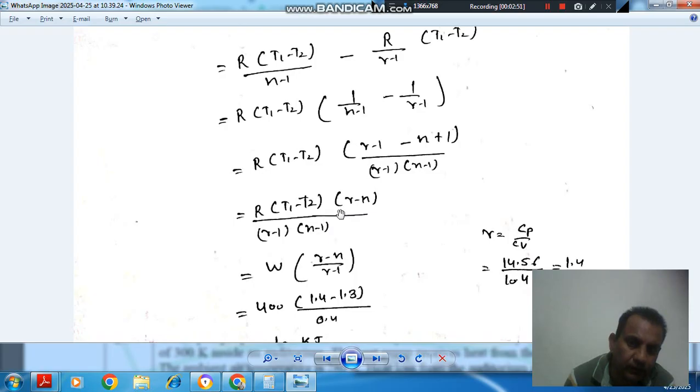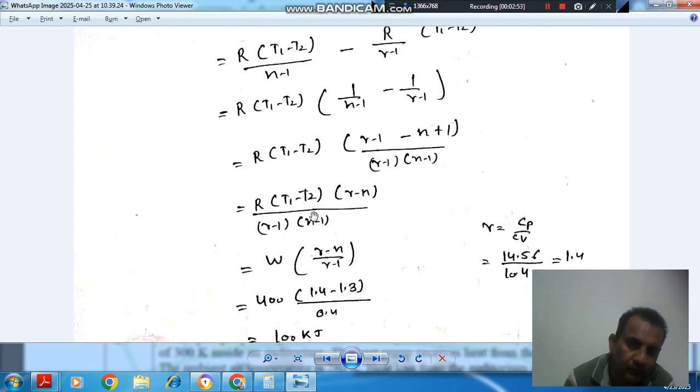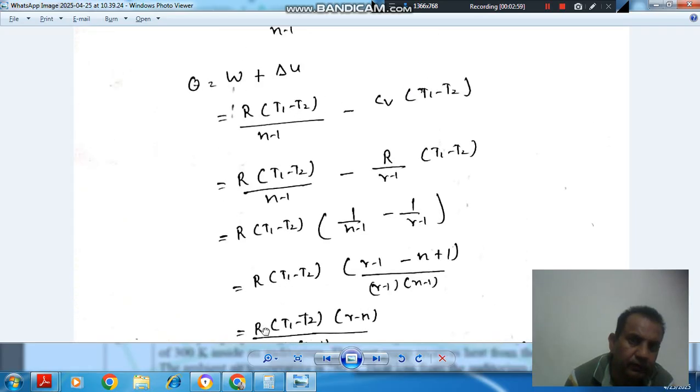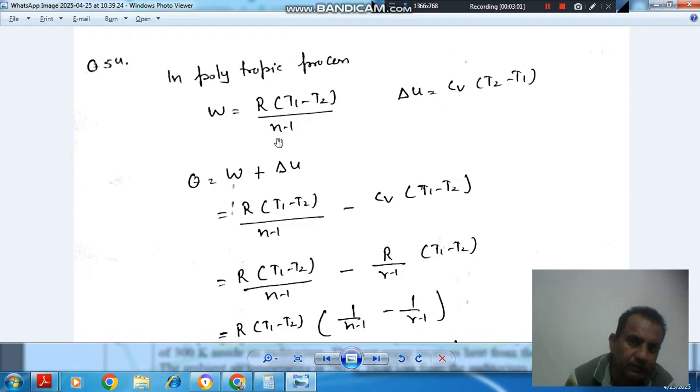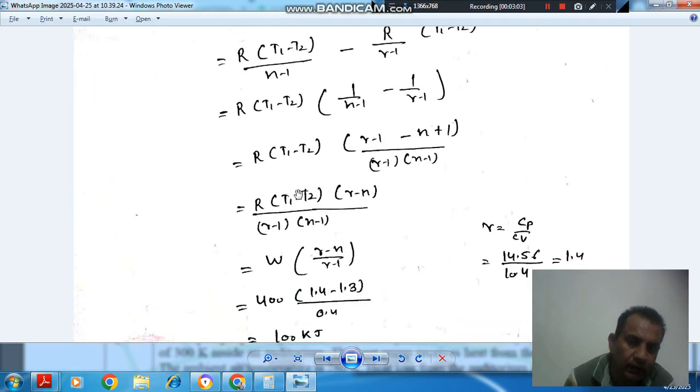So here, this R (T1 minus T2) divided by (n minus 1) is your W, that is from this expression. This is W. And now the remaining term is (gamma minus n) divided by (gamma minus 1).